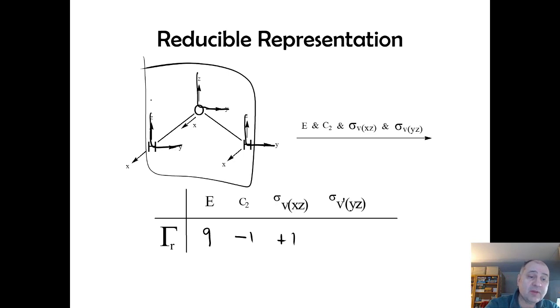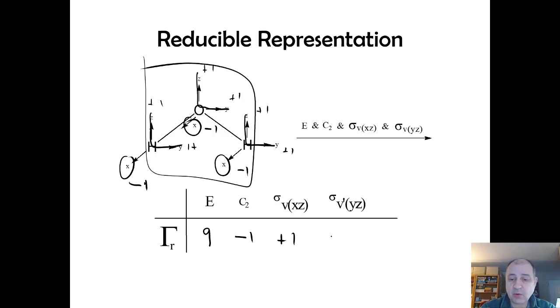So those vectors that are on the plane all get a +1, and then the other three that are perpendicular to the mirror plane get a -1 value. So we end up with an overall -3 character for that. So this is our reducible representation for the C2V for water in particular.